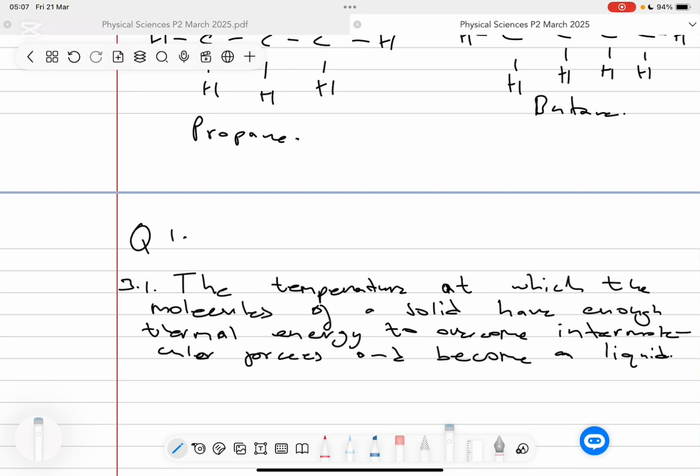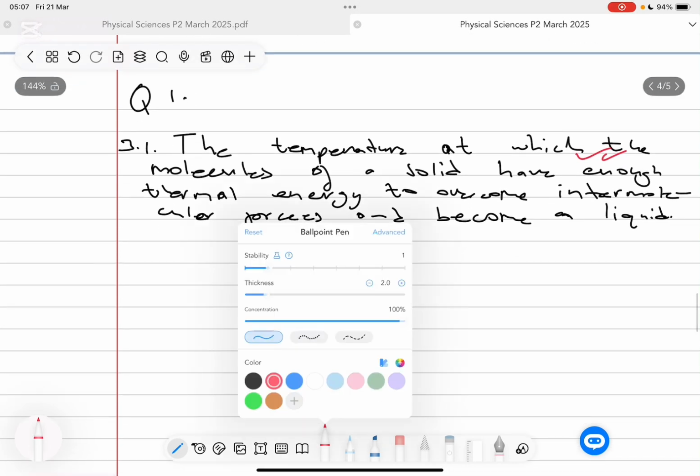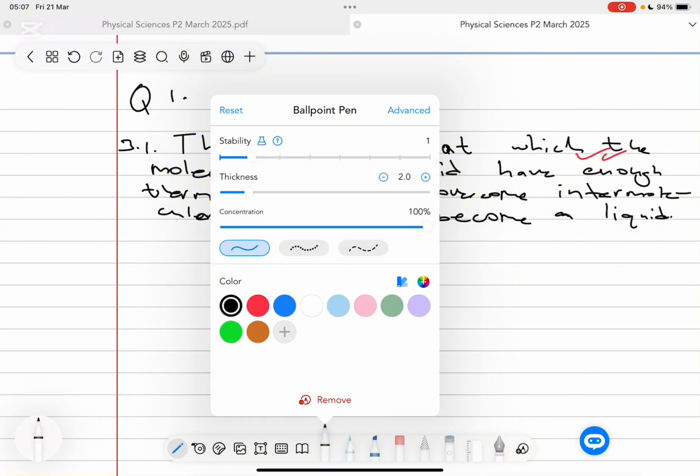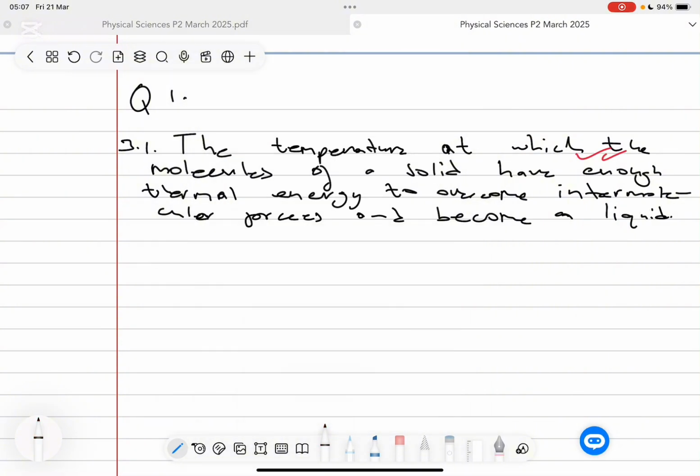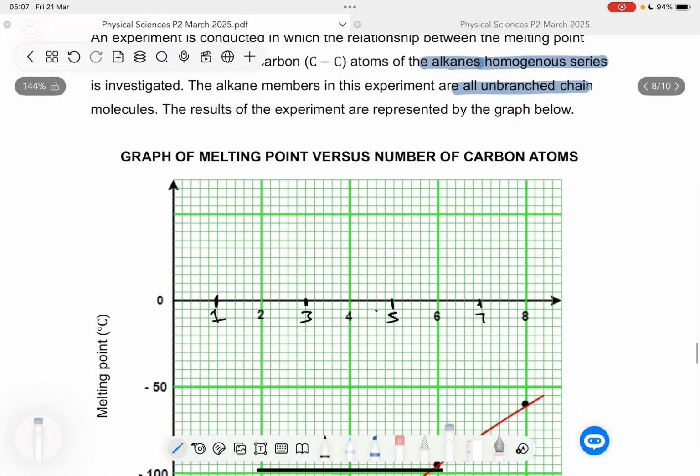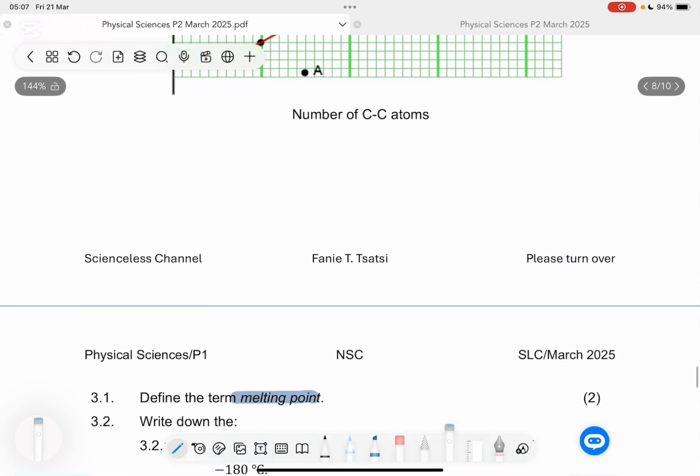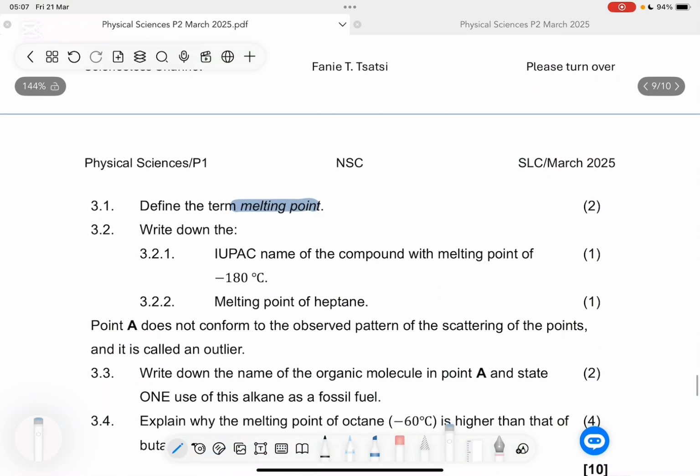That is where we know that temperature is the melting point. Now this statement is worth 2 marks, so it is very important. There are other ways in which one can define this. You are more than welcome to define it in any other way that you understand, as long as it will give you those 2 marks.